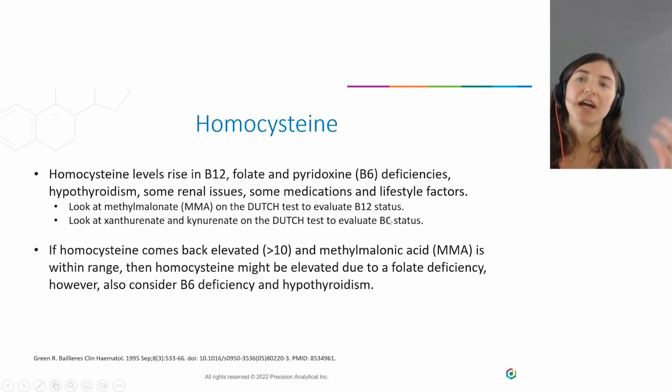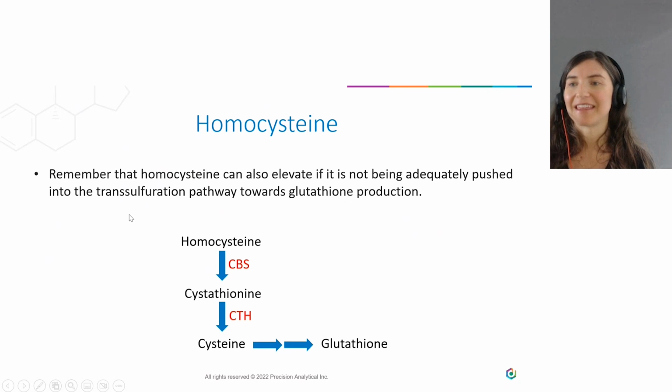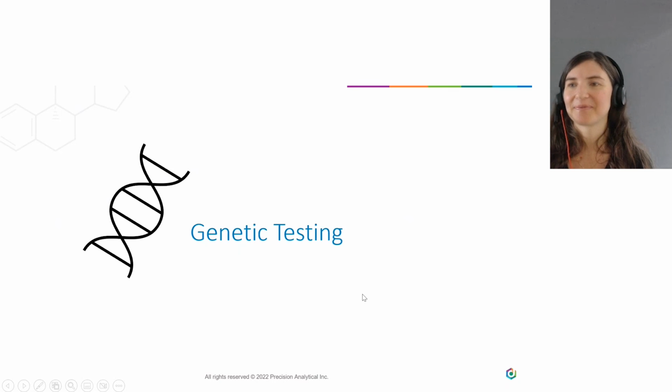So if I have a patient with high homocysteine, but on their Dutch test, their methylmalonate looks good, their xanthurenate and kynurenate look good, I'm going to start thinking folate deficiency. I'll probably go check their thyroid too.